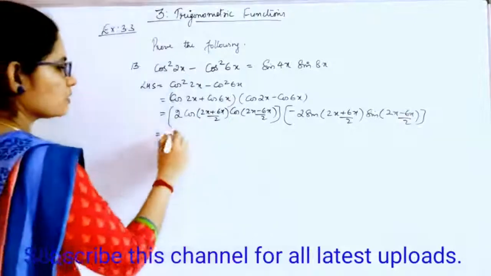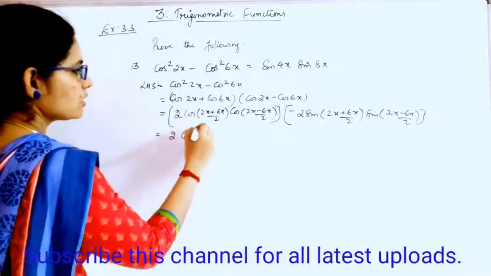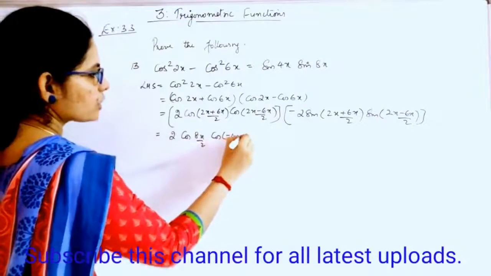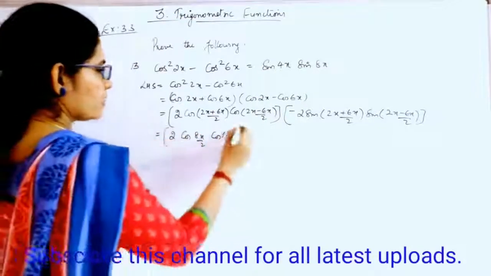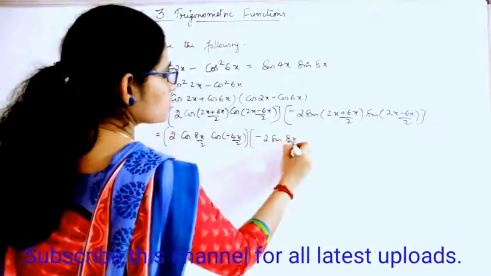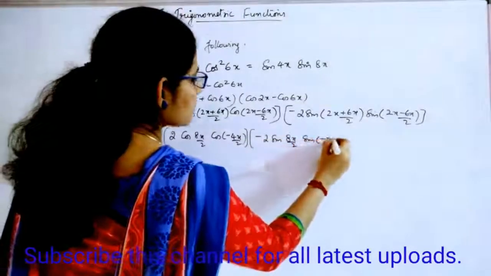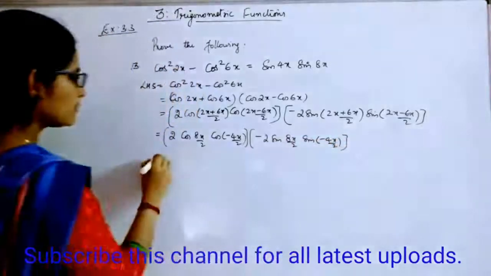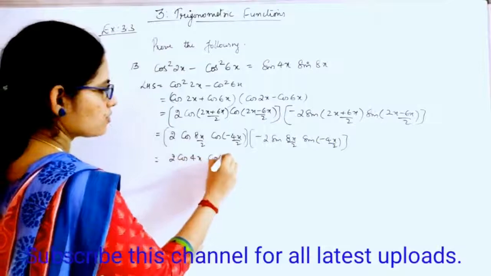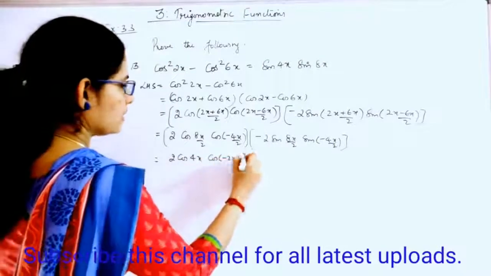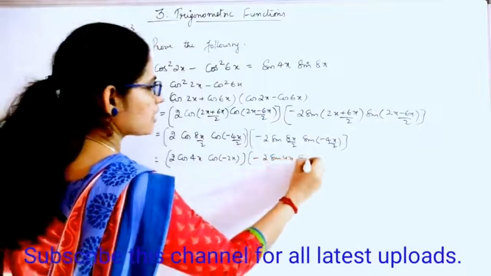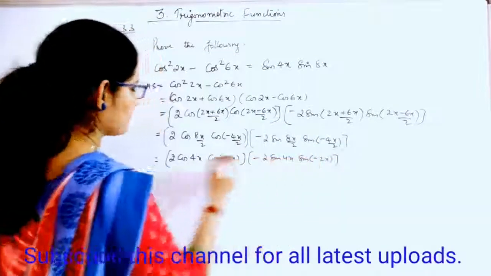Now here what you will get: 2 cos 8x by 2 cos minus 4x by 2 into minus 2 sine 8x by 2 sine minus 4x by 2, right? Again this is 2 cos 4x cos minus 2x into minus 2 sine 4x sine minus 2x.